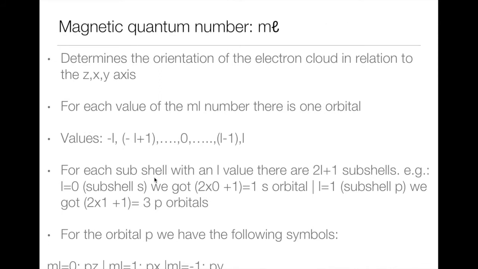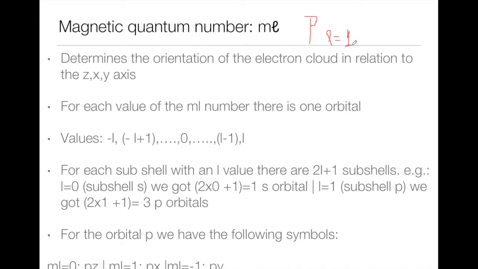Now, the magnetic quantum number, ml, determines the orientation of the electron cloud in relation to the 3 axes in space. For each value of the ml number, there is one orbital, and it takes values from minus l to l. So, if I'm talking about the p orbital, we saw in the previous slide that p has a value of l equals 1.